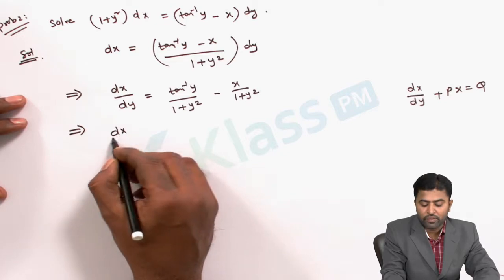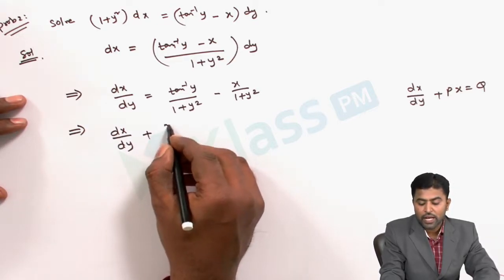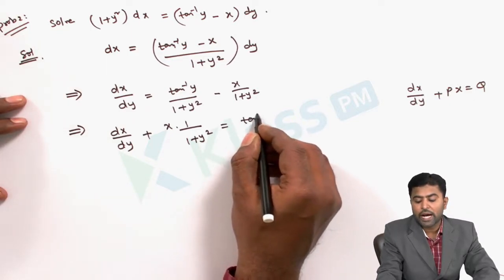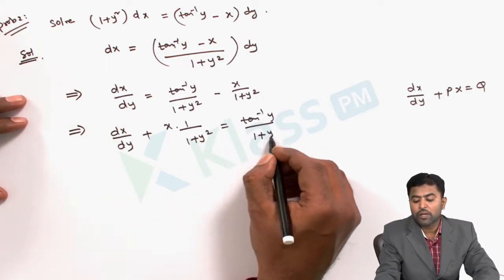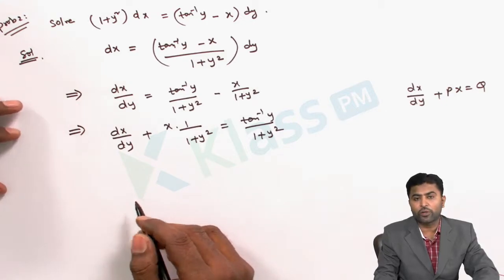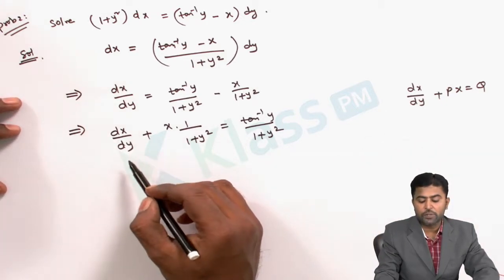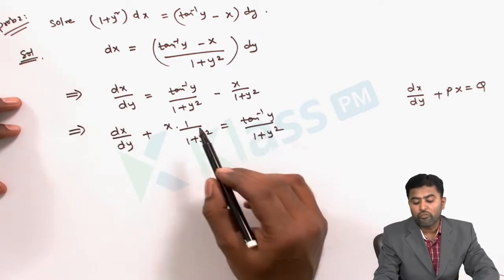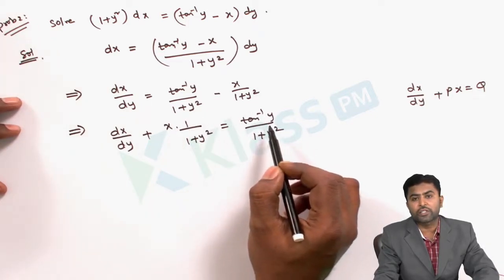So dx/dy + x · 1/(1 + y²) = (tan inverse y)/(1 + y²). If you observe, it is following the same pattern, dx/dy + Px = Q, where P and Q are functions of y.